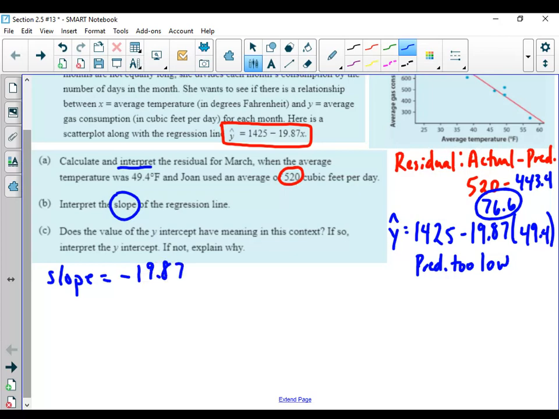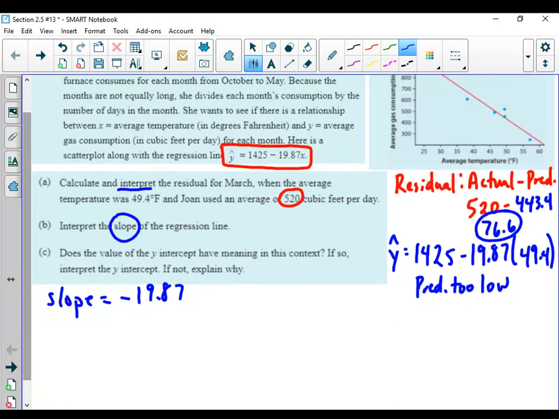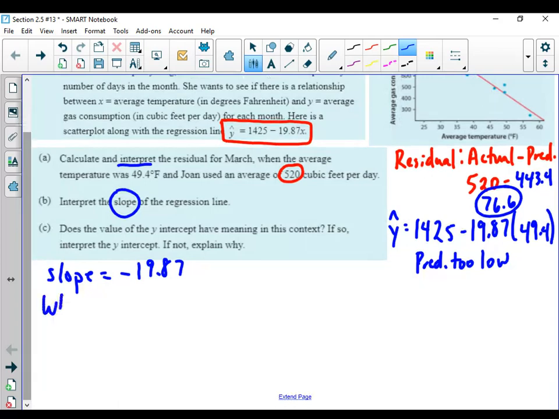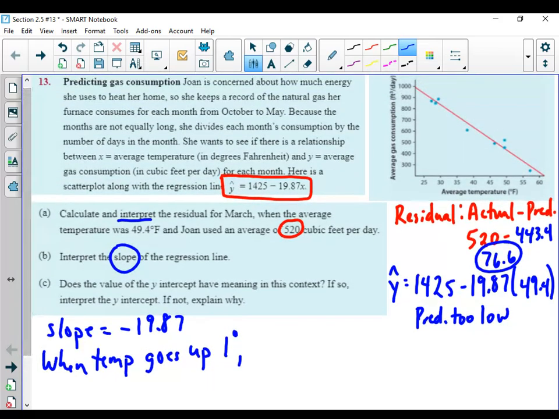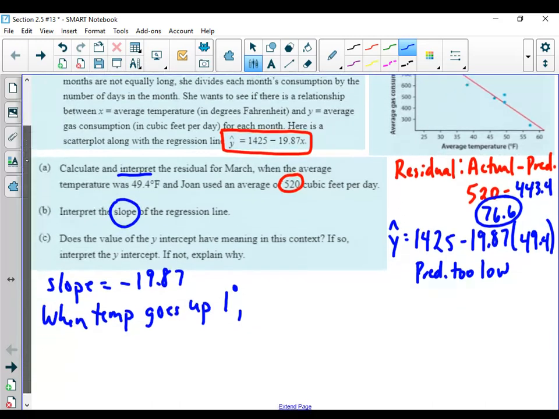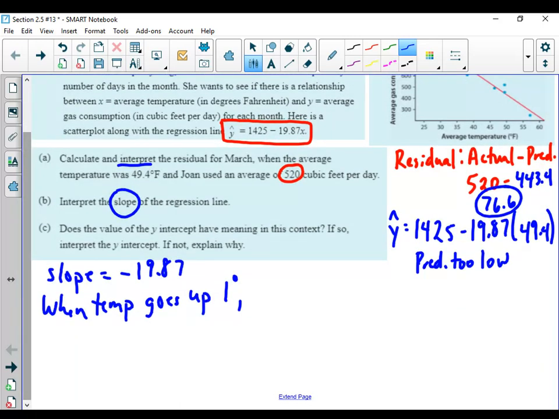Now let's think about what that means. Remember, the slope is based on every time x goes up by 1, what y is doing. My x is the temperature. So according to this, when the temperature goes up a degree, what happens to the gas consumption? Well, according to this, the gas consumption goes down 19.87, and they measured it in cubic feet.